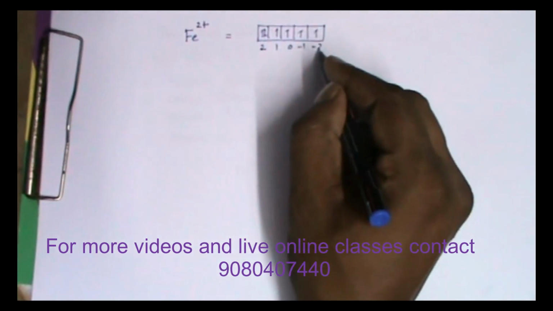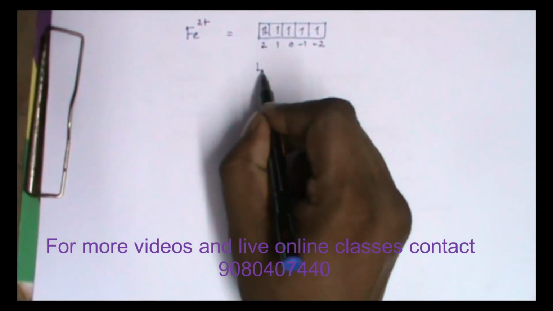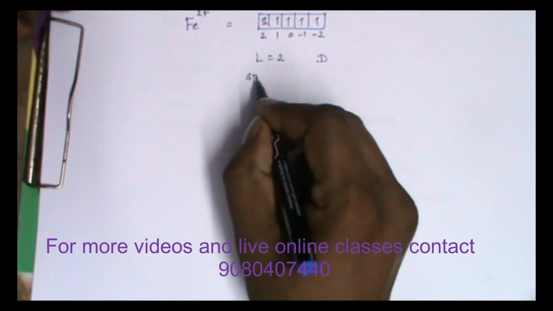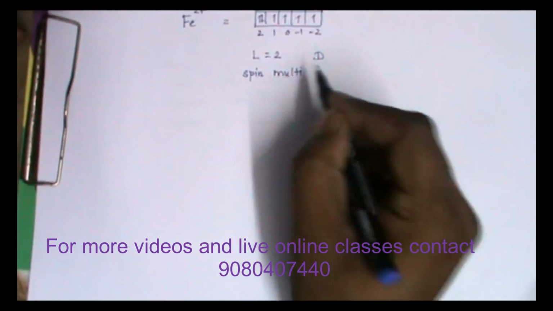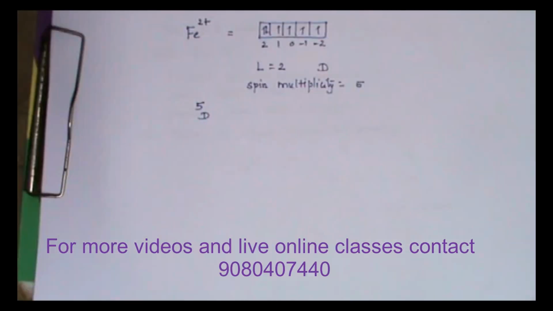The L value will be 2. Since the L value is 2, the term will be D. What about spin multiplicity? There are 4 unpaired electrons, so the spin multiplicity will be 5. So the term will be the D term with spin multiplicity 5.